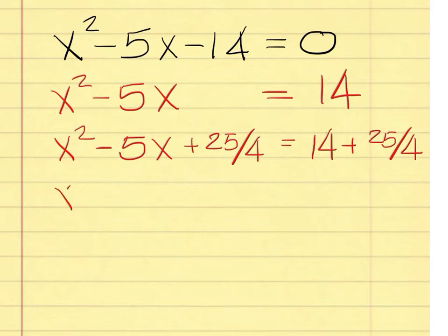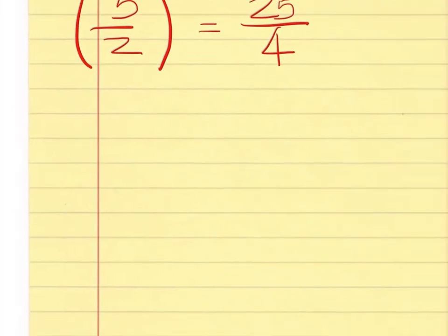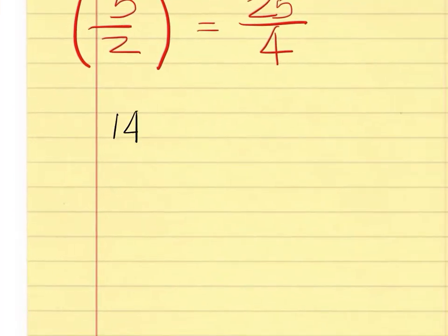Now we keep the left-hand side the same. On the right-hand side we have to simplify that: 14 plus 25 over 4. What is the denominator of the 14? 1.